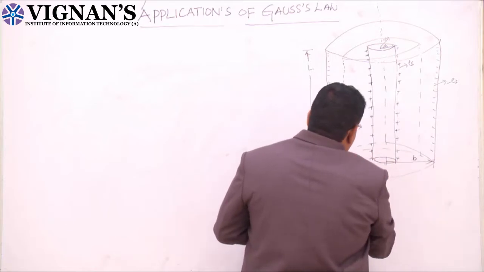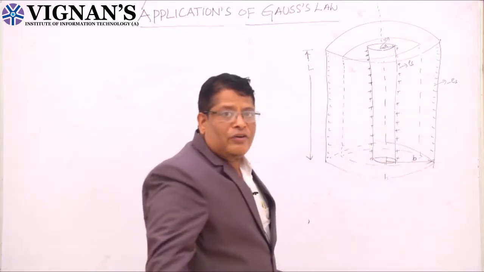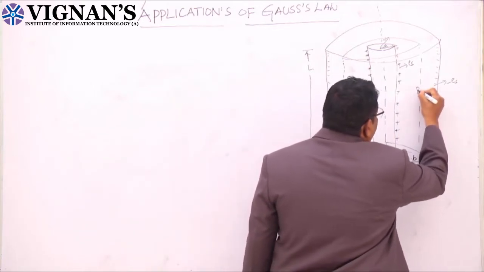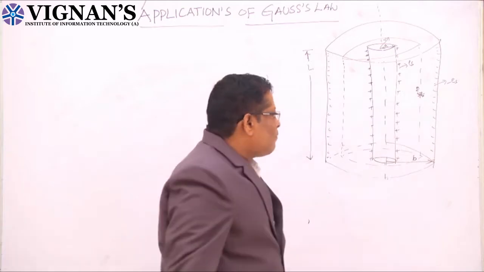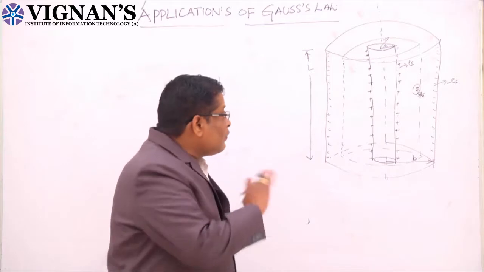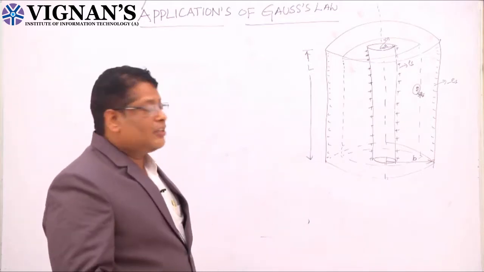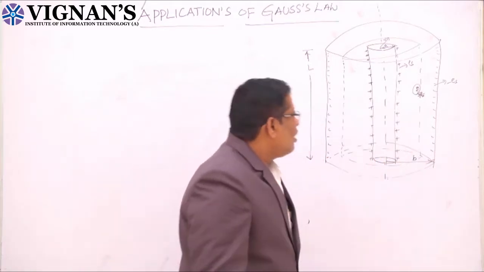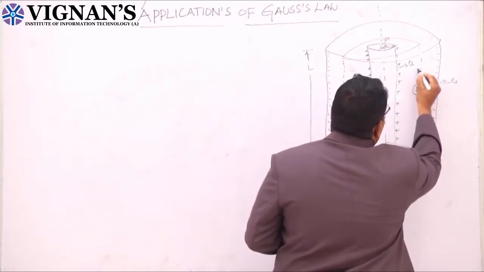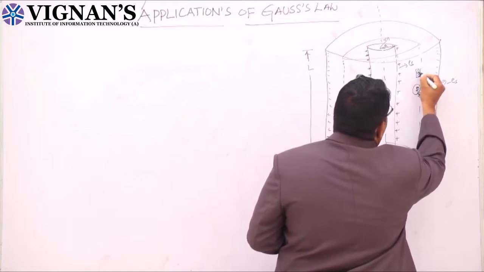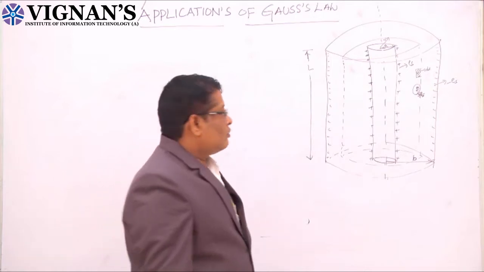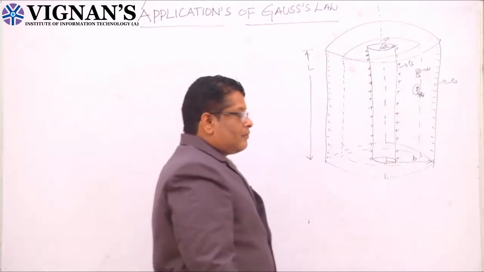This is the Gaussian surface, because we want to find the electric field intensity at this point P. So we have taken the Gaussian surface as a cylinder between the two conductors, the inner cylinder and the outer cylinder. On this cylinder, you take the differential surface dS in the cylindrical coordinate system. This is the radius of the cylinder.